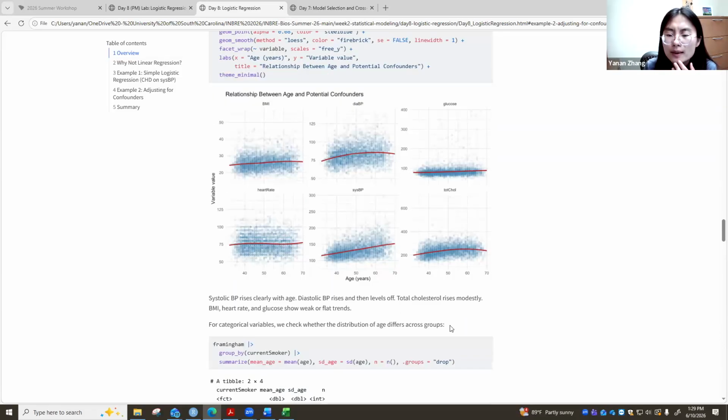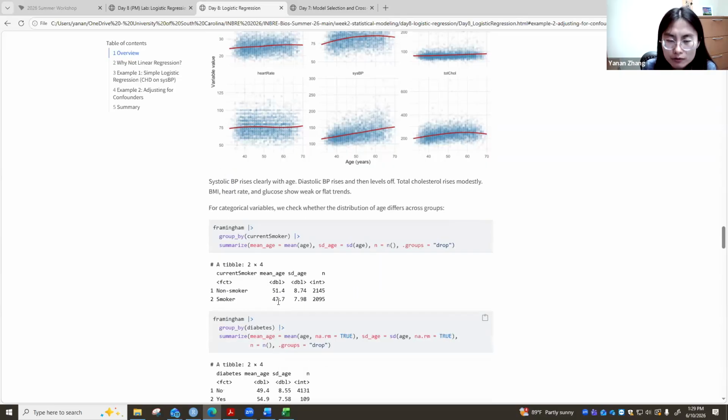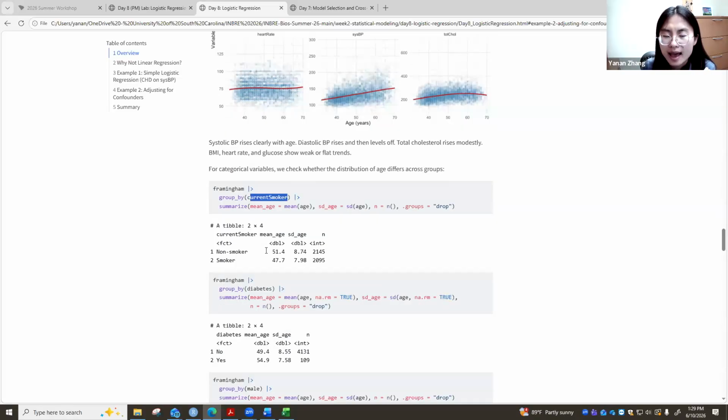Okay. So what about categorical variables? For categorical variables like smoking status, how do we know whether it is related to age? We can compare the average age between smokers and non-smokers.